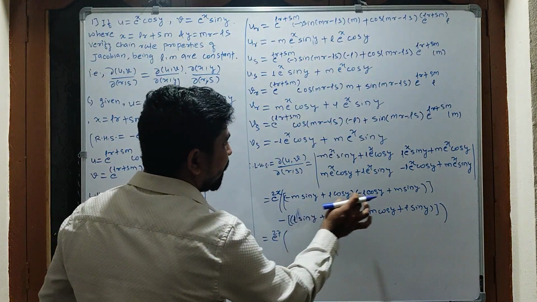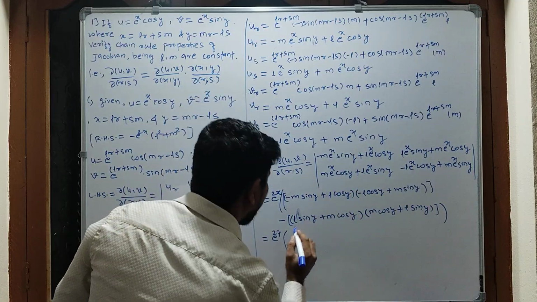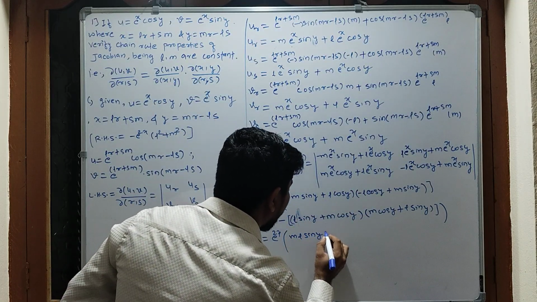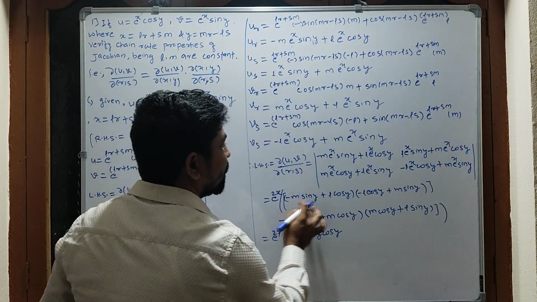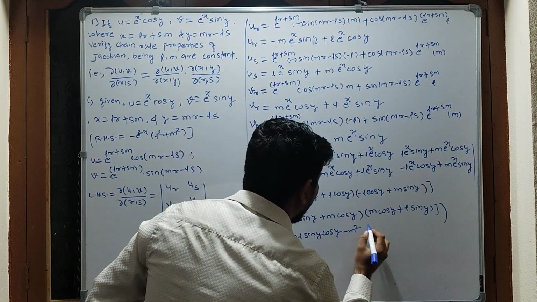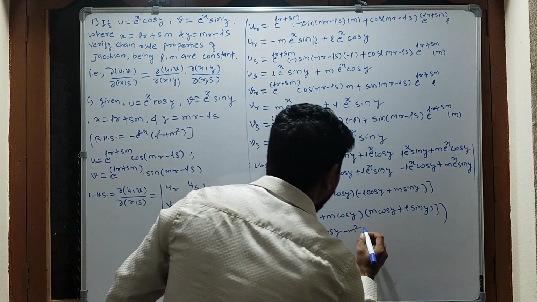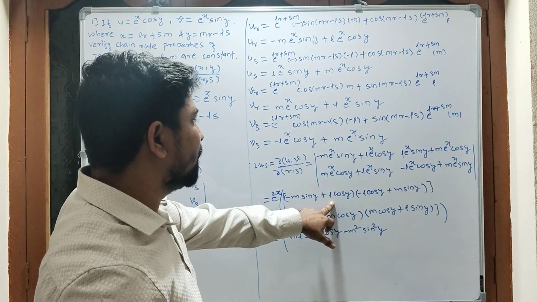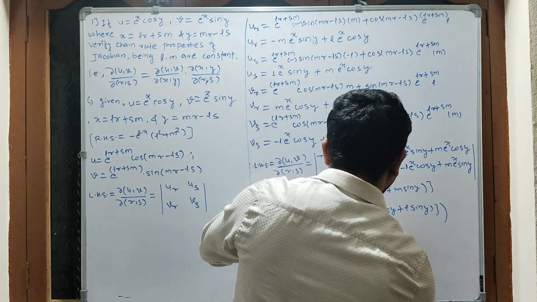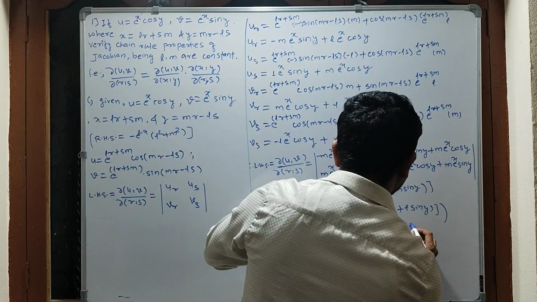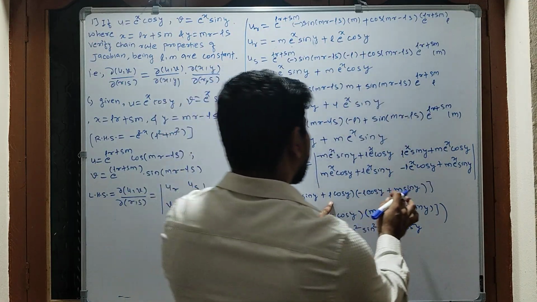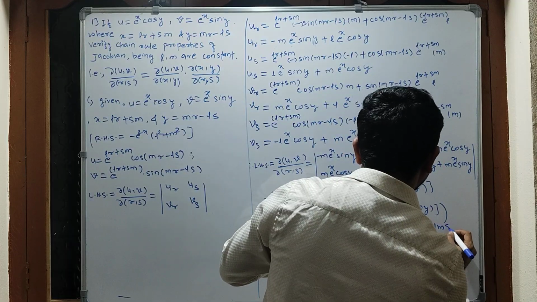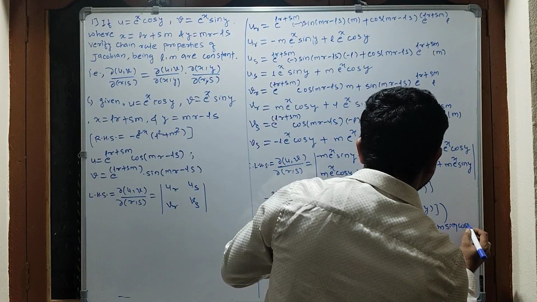Minus m sin y into minus l cos y is plus m l sin y cos y, then this into this is minus m square sin square y. Now plus this into this: minus l square cos square y and plus l m sin y cos y.